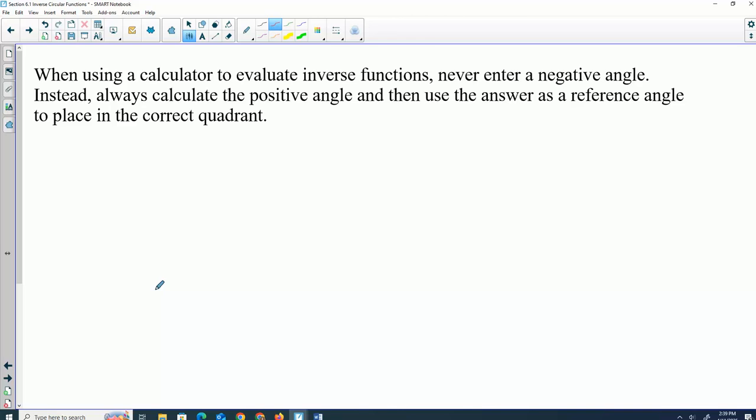Right, tangent. It's a reciprocal of tangent. But here's the problem. If I'm doing inverses, tangent inverse is in quadrant 1 or 4. Cotangent is in 1 and 2. So it will give you the wrong answer. So what I tell people, instead of trying to remember if this is the one that's going to give me the wrong answer or not, just enter the positive and do it like a reference angle, and then move it to whatever quadrant you need. So let's try a couple of those and then we'll be done for today.